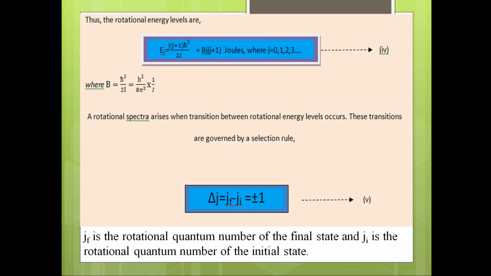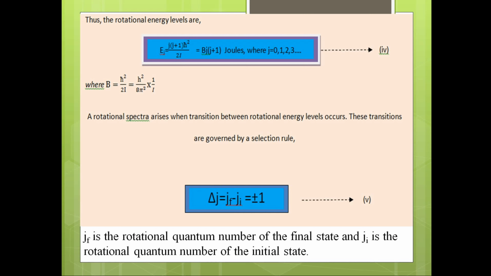These values they can take up. Now B is equal to H cross square upon 2I, that has been translated as H square by 8 pi square into I.